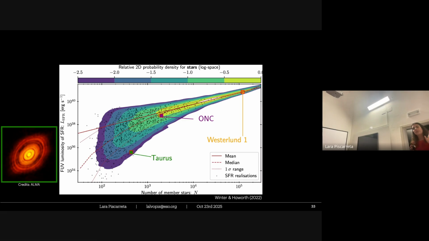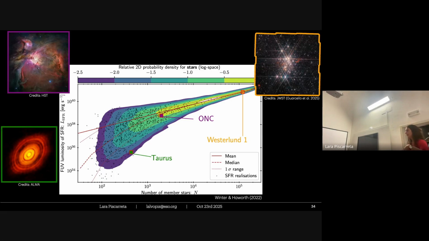And it's great to do these first steps into characterizing accretion as a function of stellar properties and also as a function of disk properties. But it is extremely important to go one step further and try to characterize this in more representative star-forming regions, such as the Orion Nebula, and also in the future, hopefully, in massive star-forming regions, such as Westerlund.